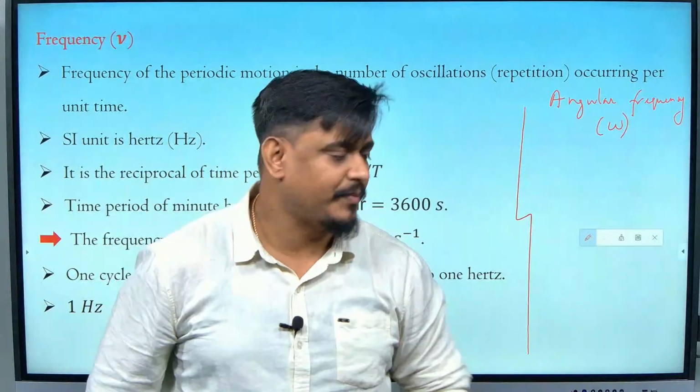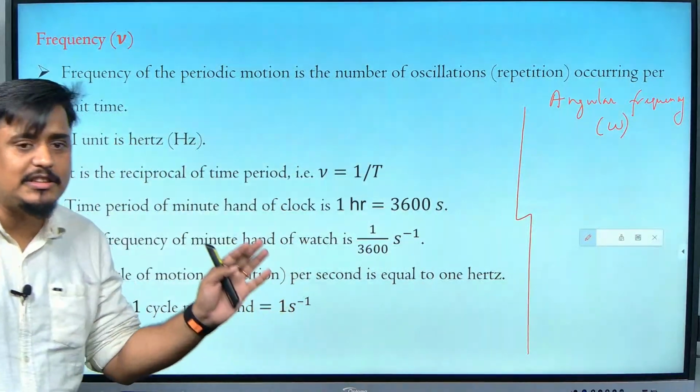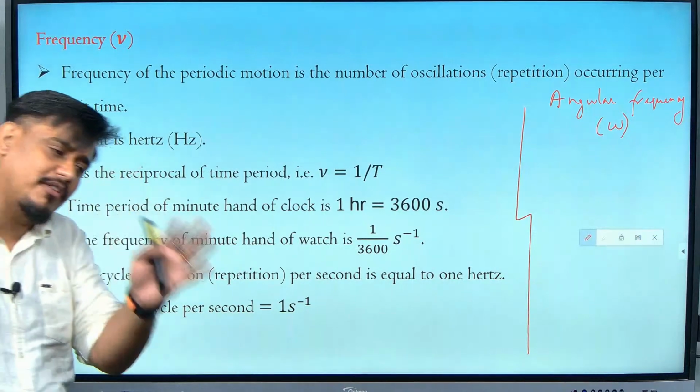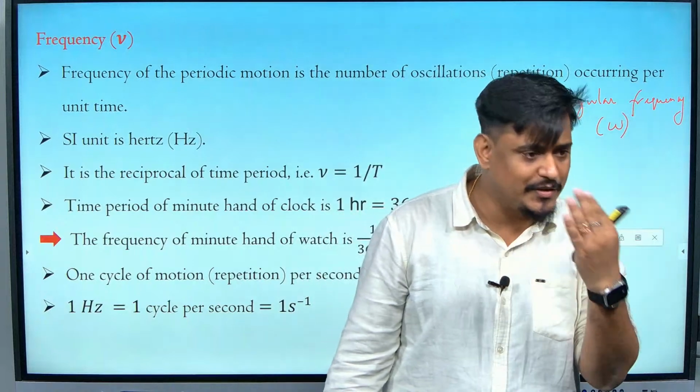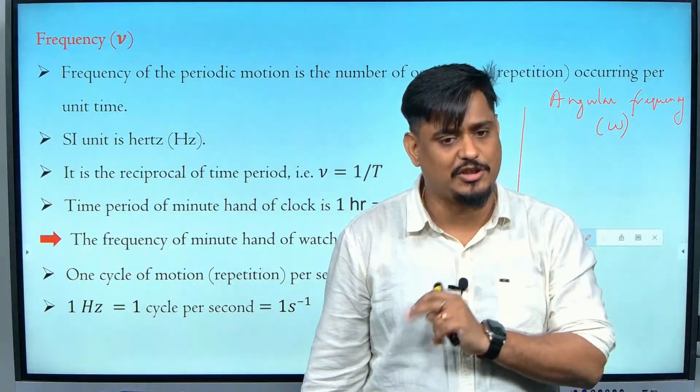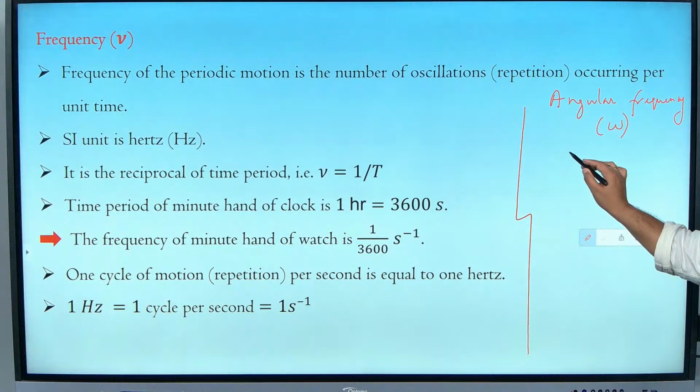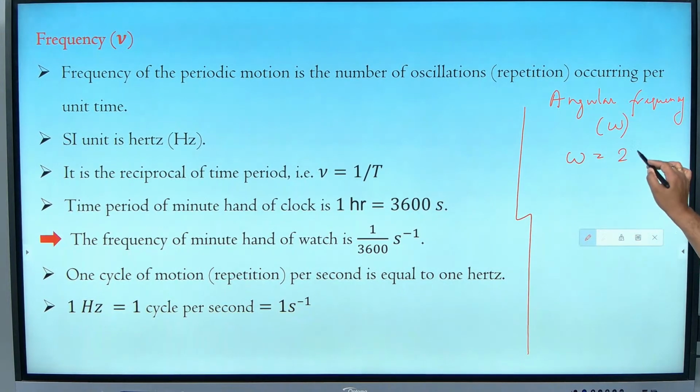Where angular velocity is omega, isn't it? The same angular velocity is angular frequency. Omega we can call angular frequency, we can also call angular velocity. And angular frequency omega is always equal to 2 pi by time period.